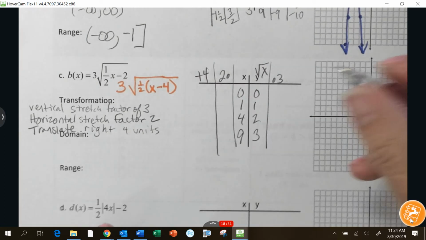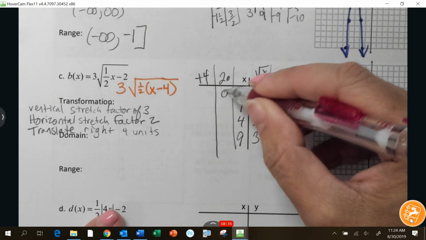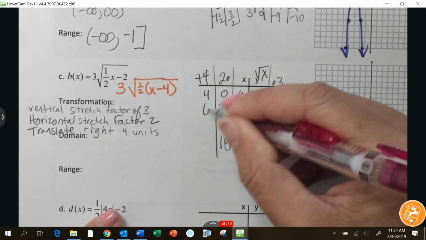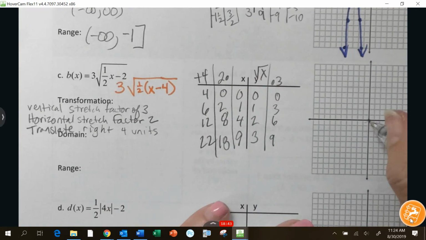So we'll make our table. Oh, I didn't graph my parent function.